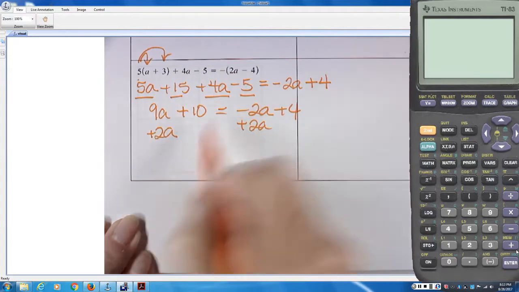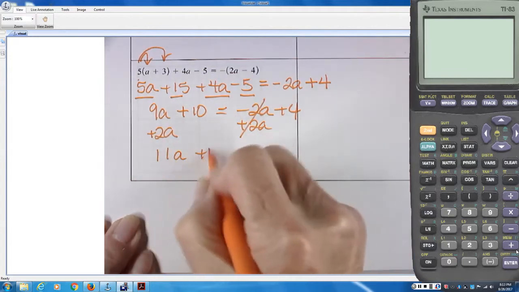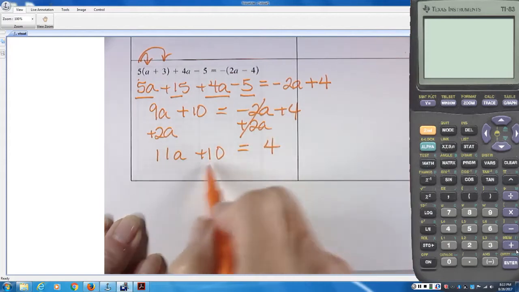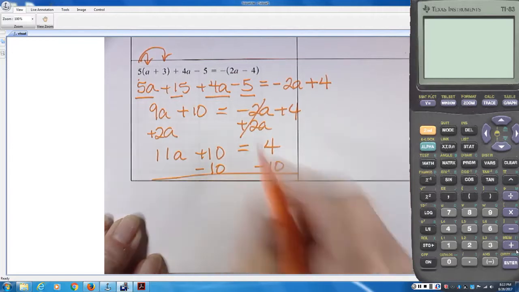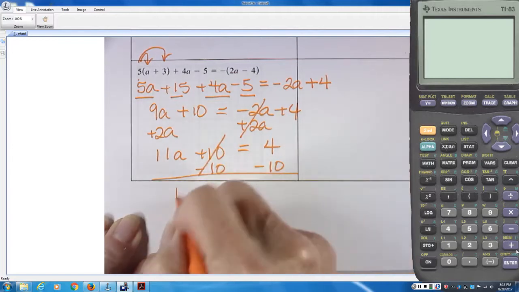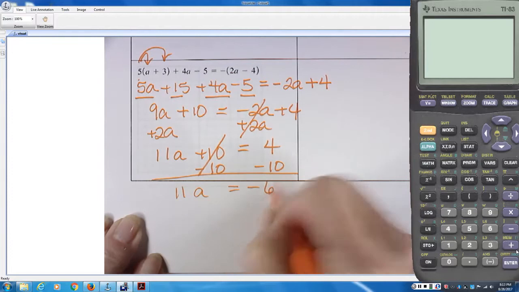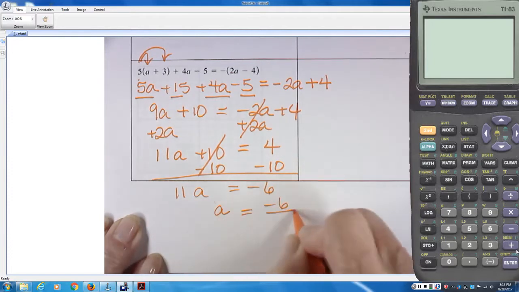And that makes that 11a plus 10 equals 4. And then I'm going to subtract 10 from both sides. And I have 11a equals 4 minus 10, which is negative 6. So then a is going to be equal to negative 6 over 11.